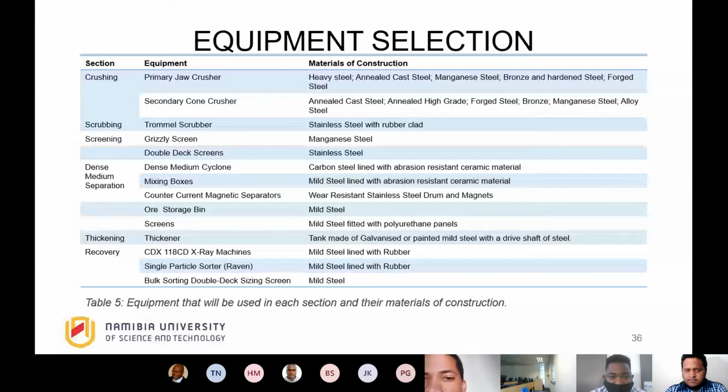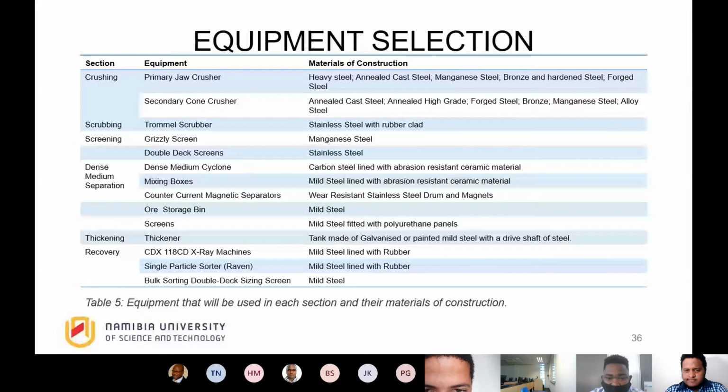For scrubbing, as far as your trommel scrubber is concerned, you have stainless steel with a rubber clad. At the screening stage, your grizzly screen will have manganese steel. Your double deck screens will be made of stainless steel. And for the DMS, the dense medium cyclones are carbon steel lined with abrasion resistant ceramic material. The mixing boxes will be mild steel lined with abrasion resistant ceramic material.